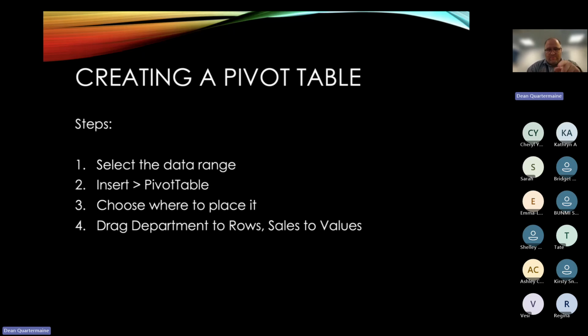So I'm going to show a screenshot on the screen because I'm using an Apple Mac here, and the Apple Mac version of Excel looks slightly different to the Windows version.